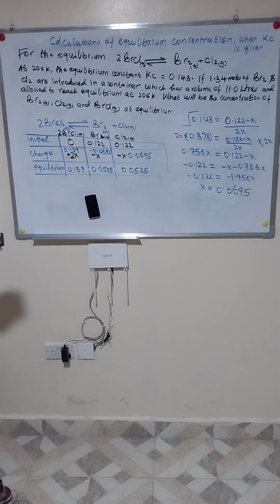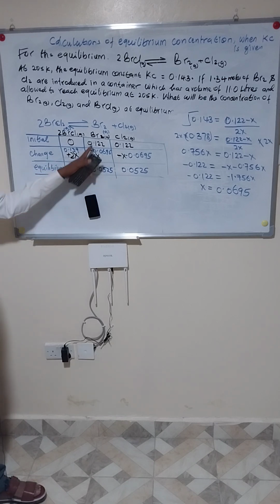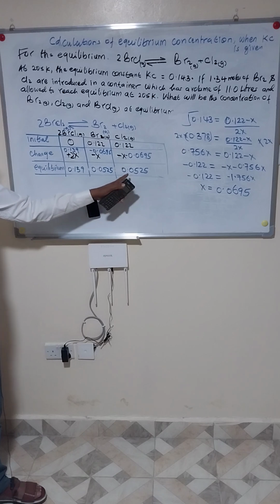So that is now the equilibrium concentration of bromochloride, bromine, and chlorine.